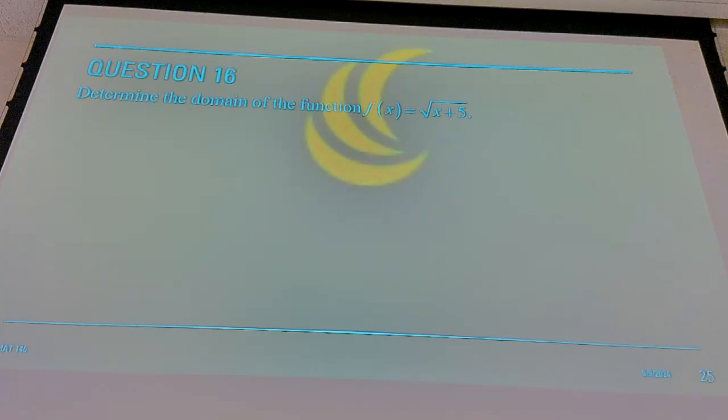So for an even indexed radical, what has to be true? It has to be non-negative. What has to be non-negative?